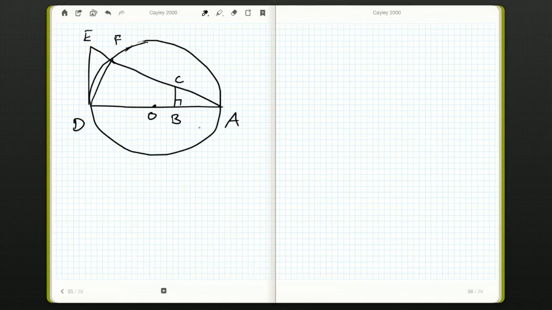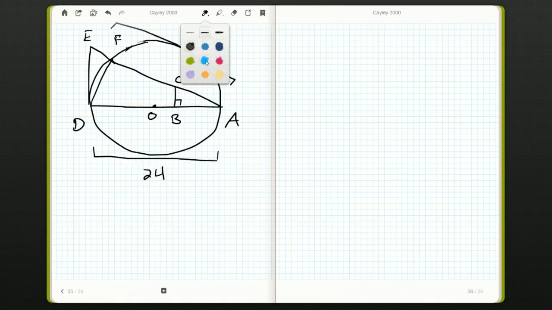Now we're told that DA is 24, and we're told that EA is 25. Okay. So some things we can note right away, and I'll write down my explanation in a moment. We can note that ED, that angle is right angled as well. The reason we can say this is because DE is parallel to CB.